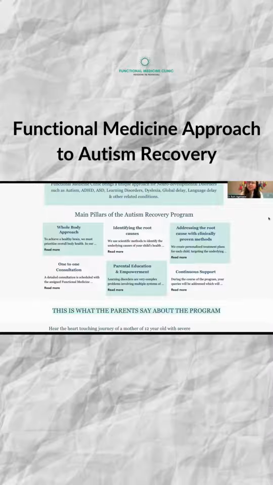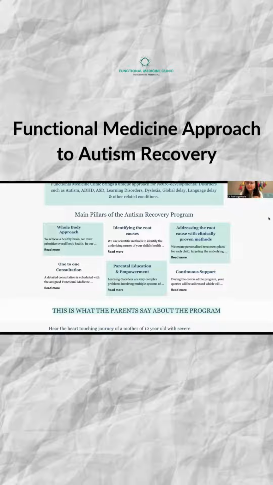So a very detailed history is very important for us to understand what the child is going through, and then accordingly we have to advise investigations which will help us connect those dots with the signs and symptoms.